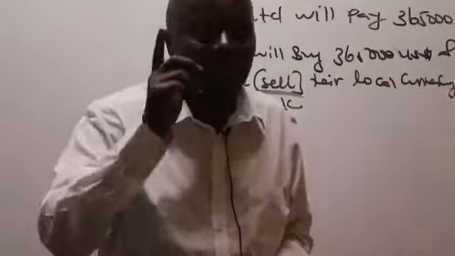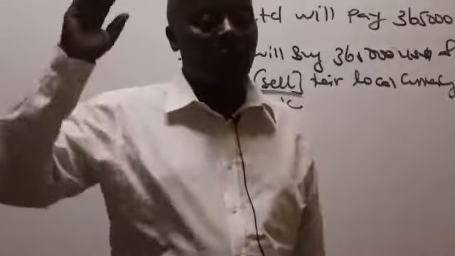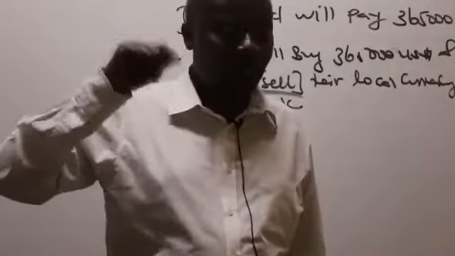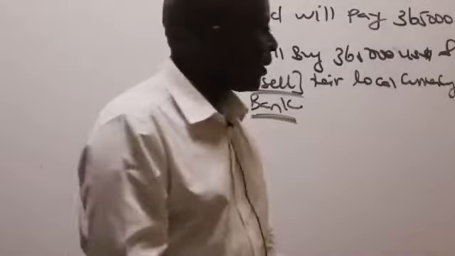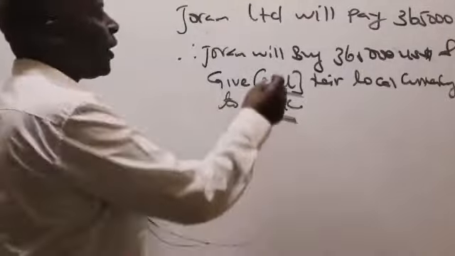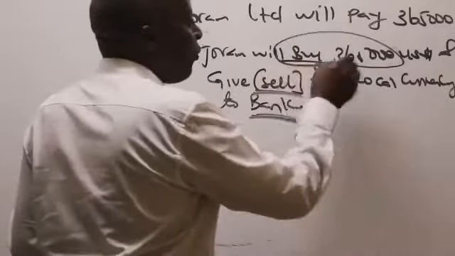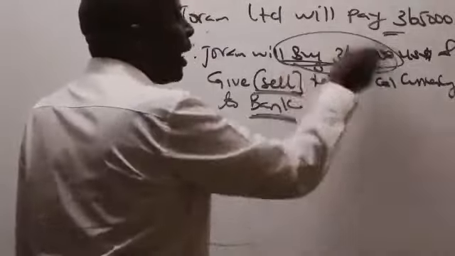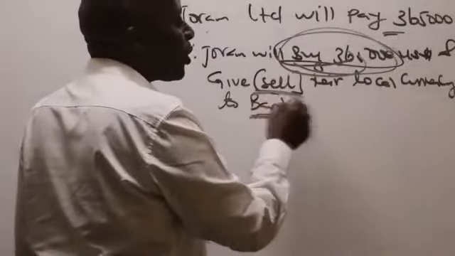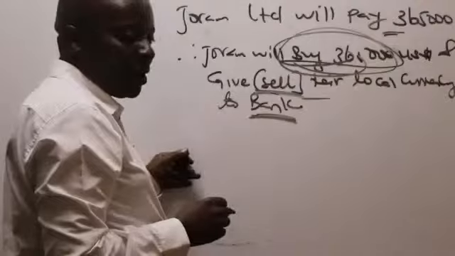If you understand this, you have 5,000. Please be very keen with this. So here, we shall need to buy this for purposes of paying our creditor. For us to buy this, we'll be required here to sell our local currency.